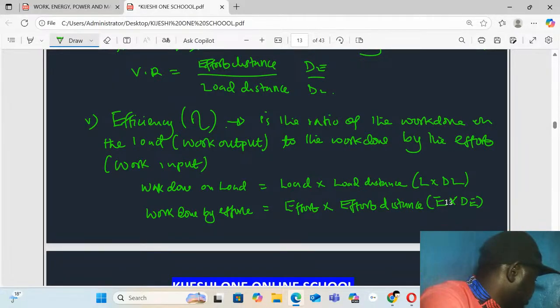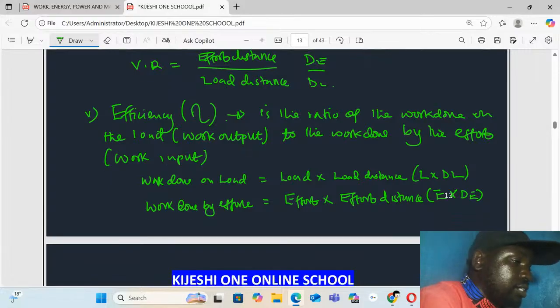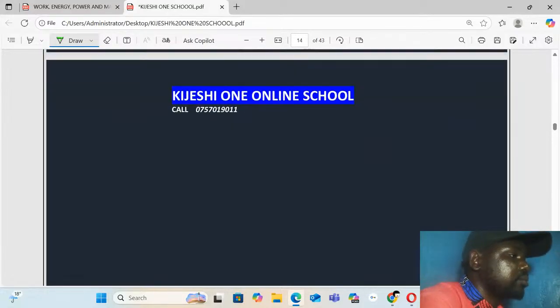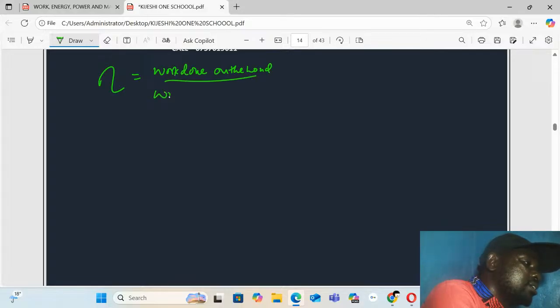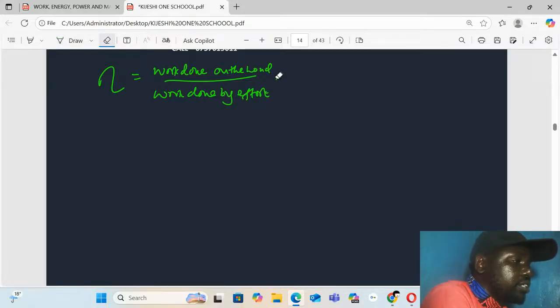Now, let's use the symbols, where we'll say our efficiency will be given by the work done on the load over the work done by the effort.